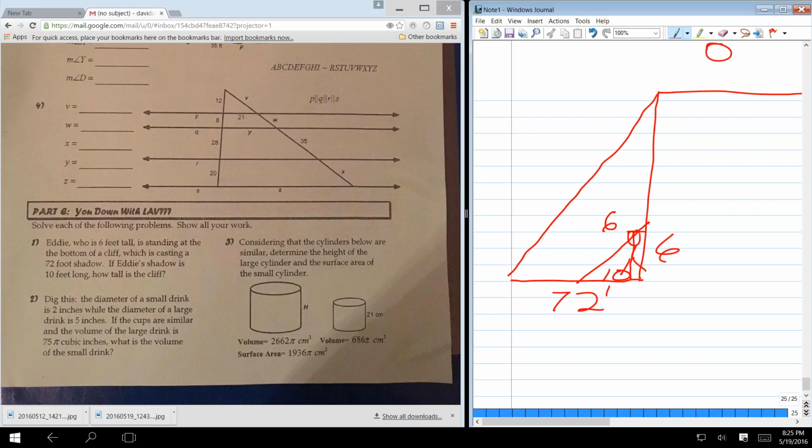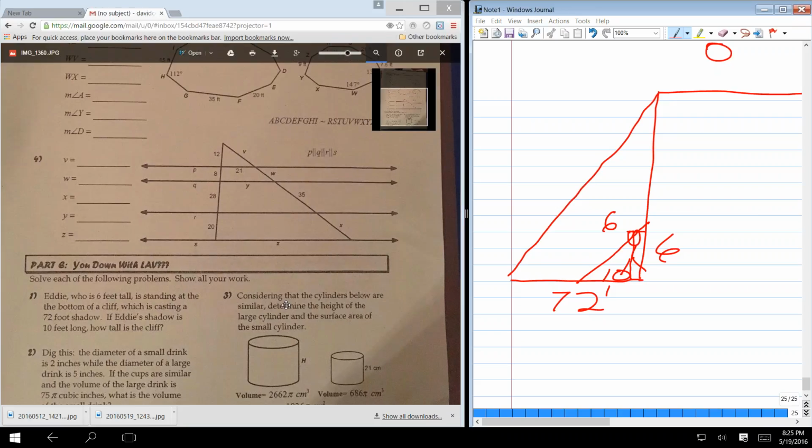Well, this shadow line is parallel to that shadow line, which makes this triangle similar to the big triangle. Once you discover they're similar, how can you solve for the height of the cliff? Pythagorean Theorem? No, similar triangles. This whole page is really about similar figures.